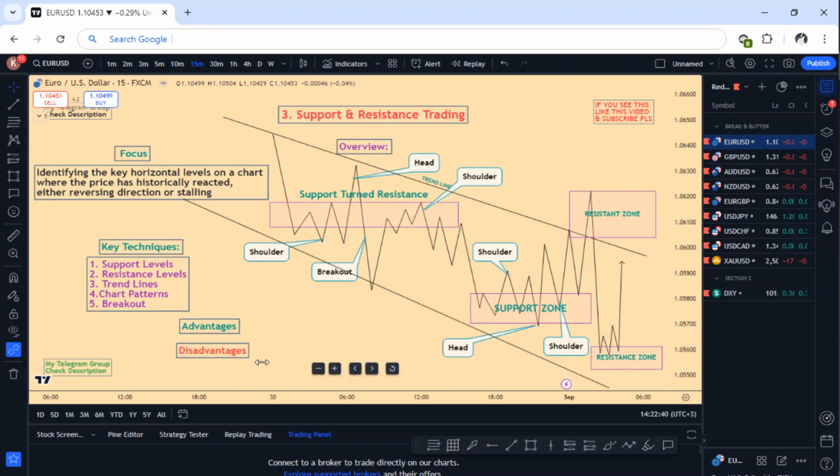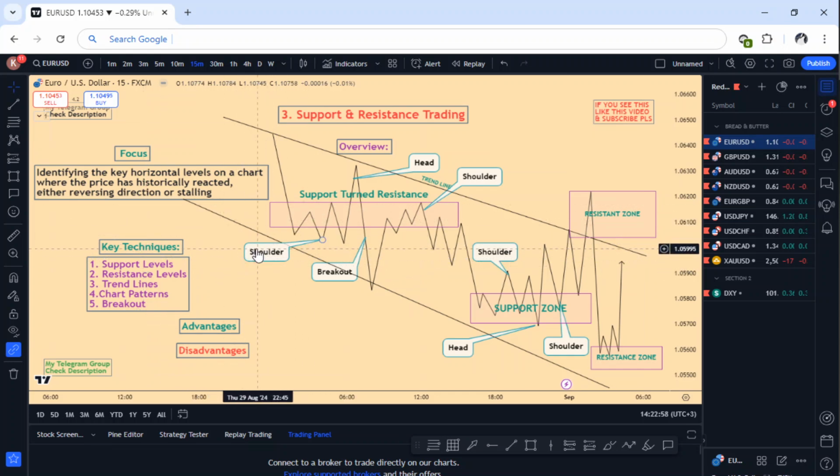The key techniques applied here are support levels, where buying pressure has historically overcome selling pressure, preventing the price from falling further, like in this case here.